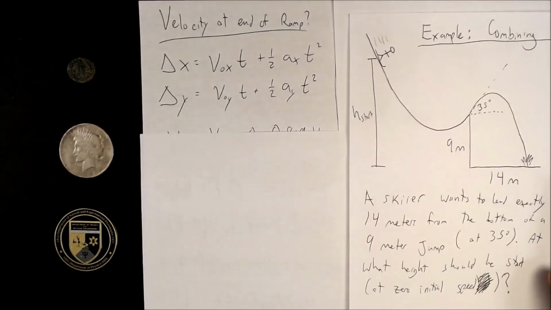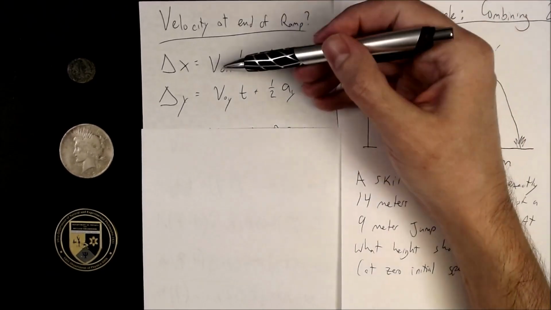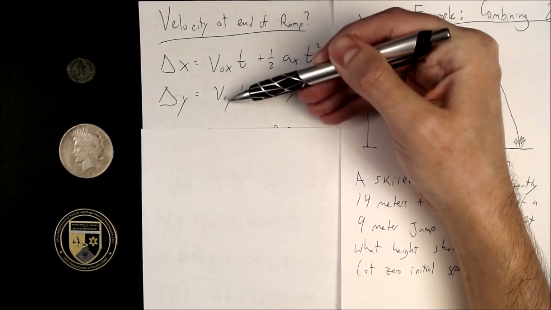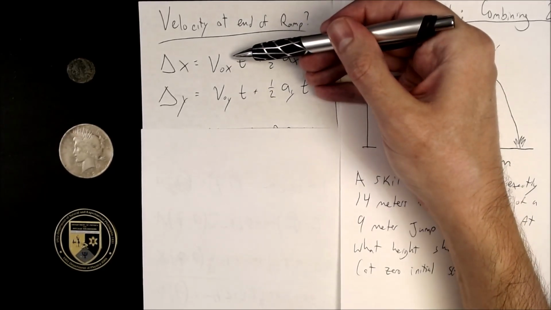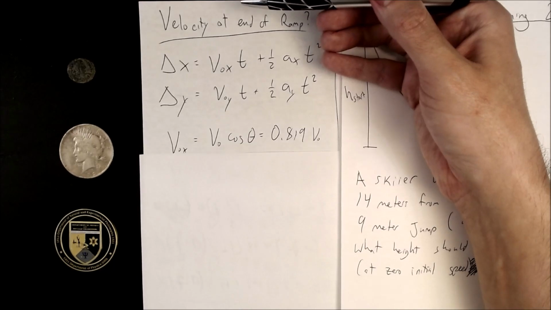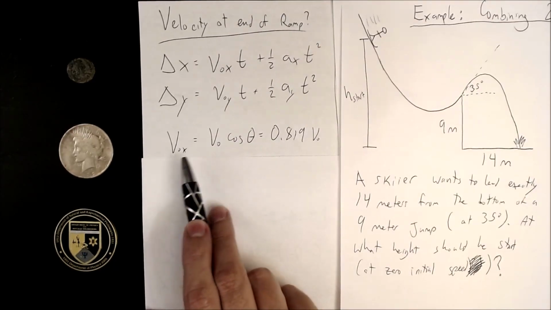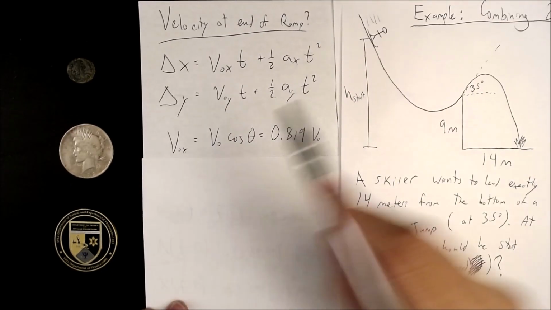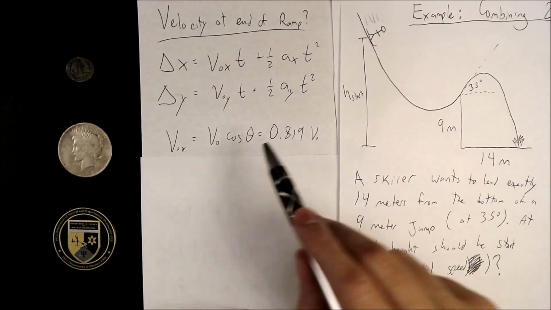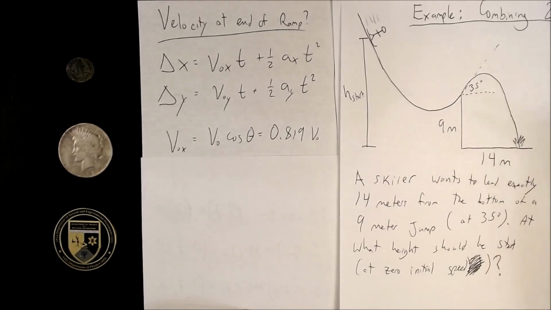Okay, let's start thinking about what we're going to do with these v naught x's and v naught y's. How am I going to figure out what v naught x is? What's the equation for v naught x? V naught x is equal to v naught, the initial velocity, which is the velocity at the end of the ramp, times the cosine of theta. Theta is 35 degrees.